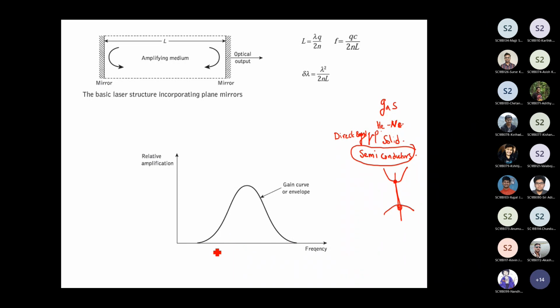All right. So any frequencies which fall between these two values, let me call them f1 or lambda 1, and this one is lambda 2.